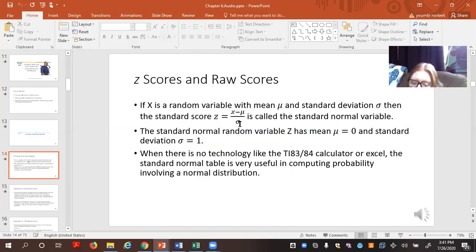It has the property that its mean is always 0 and its standard deviation is always 1. When you don't have a calculator, you need the standard score because a standard distribution table is always available. And with the standard distribution table, you can always find a probability above a normal distribution by standardizing the equation. But when you have a TI-83/84, whether it is a standard score or a regular variable, your calculator will help you to answer questions about probability.